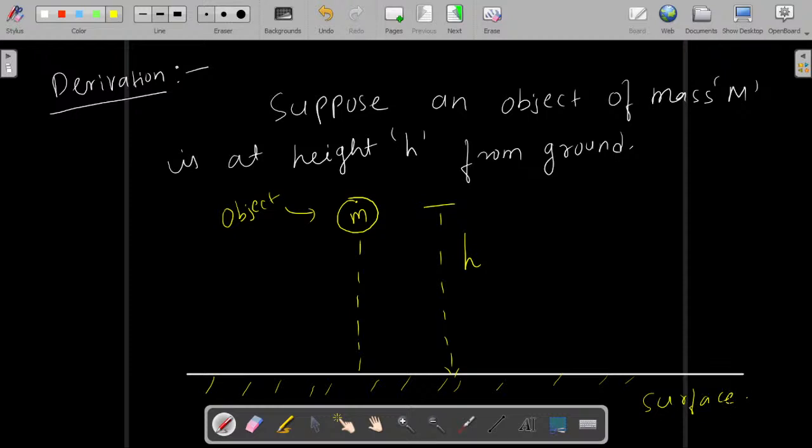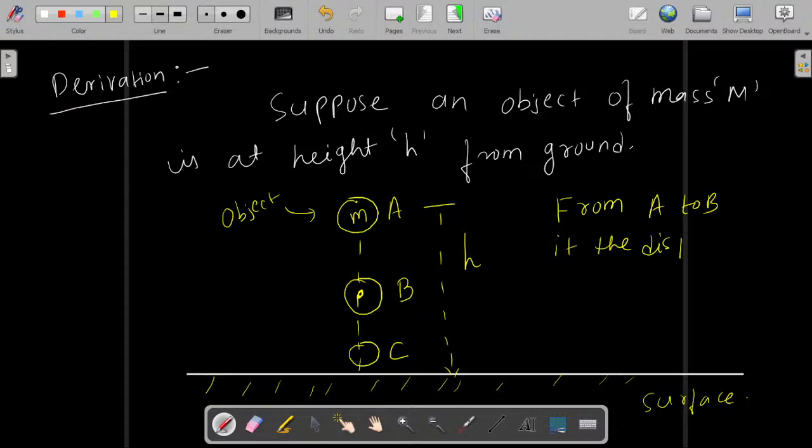Okay. Suppose this point is A. After some time, this object will come to point B, and after some time it will come to C. From A to B, let the displacement be x.